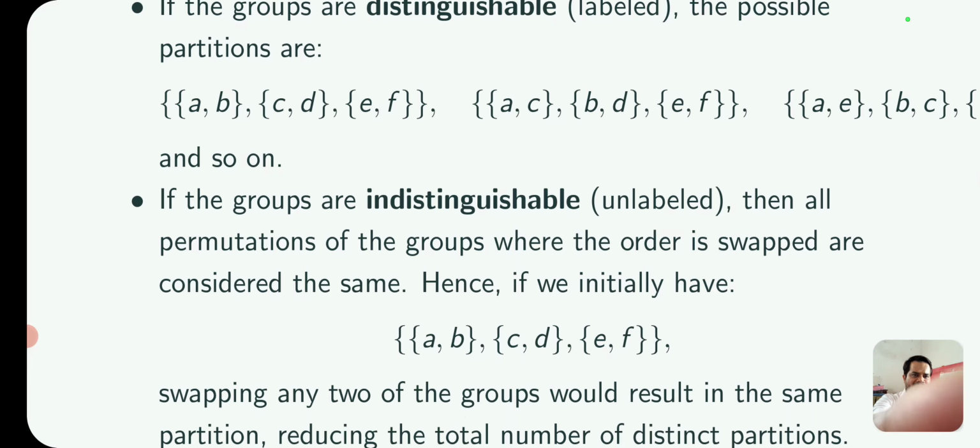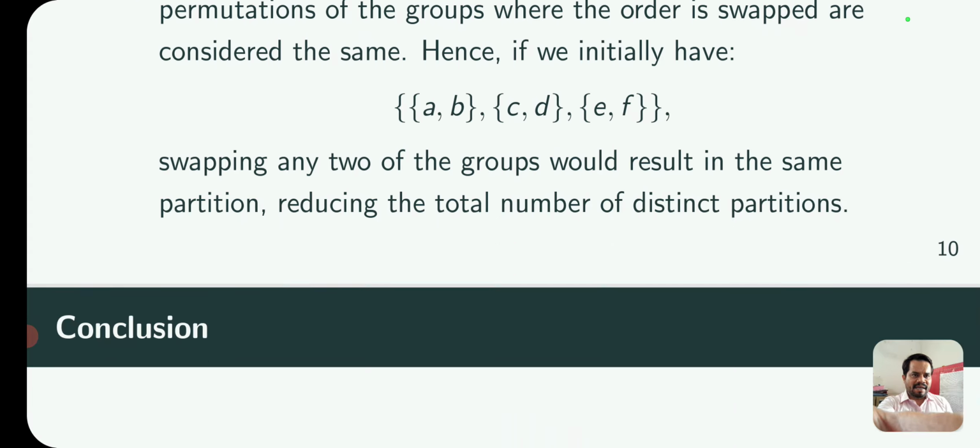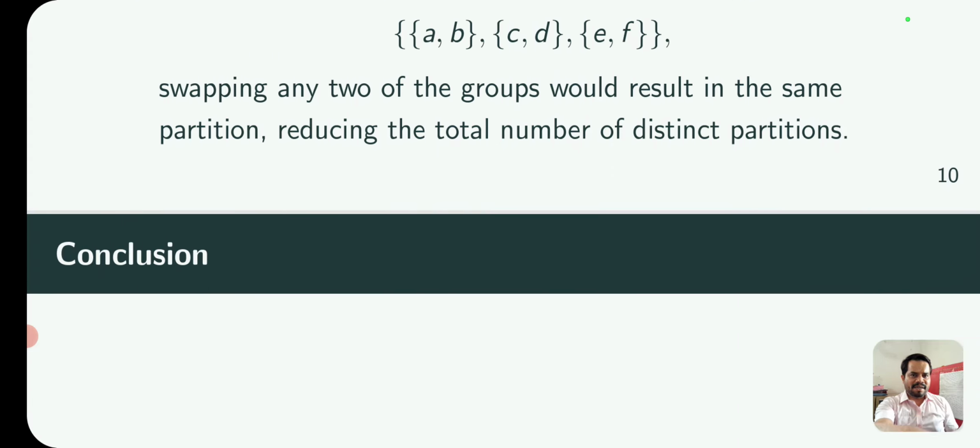If the groups are indistinguishable, then all permutations of these groups where the order is swapped are considered the same. Hence, if we initially have {A,B},{C,D},{E,F}, any such reordering of the groups would result in the same partition, and hence the total number of distinct partitions is given here.